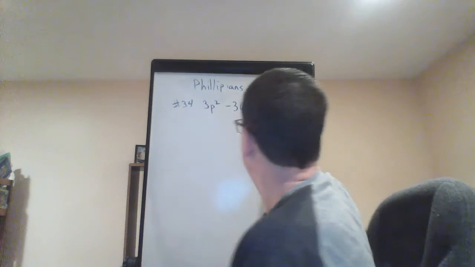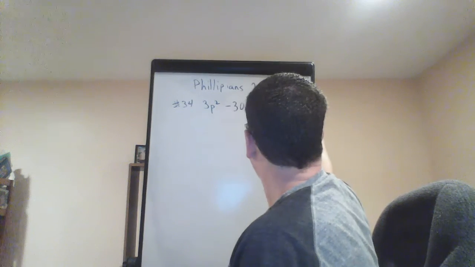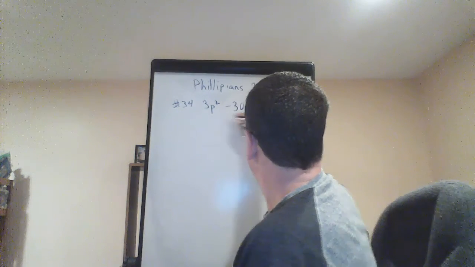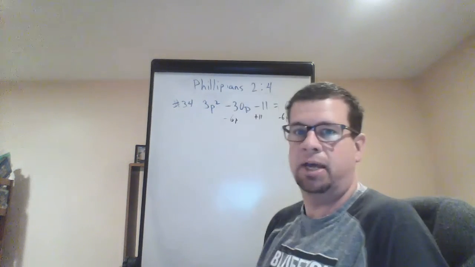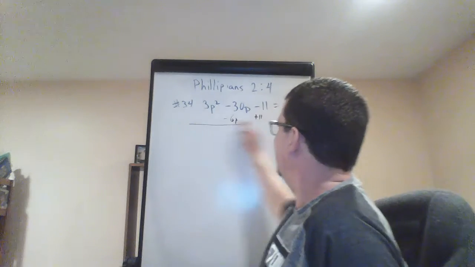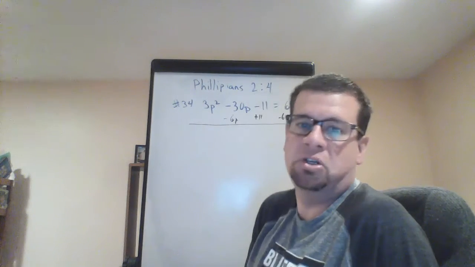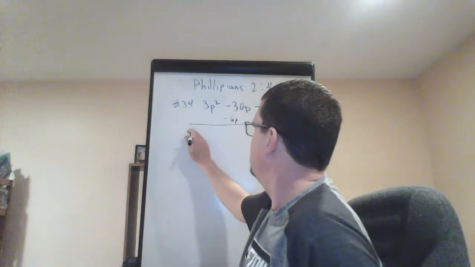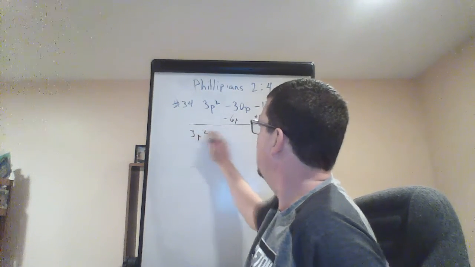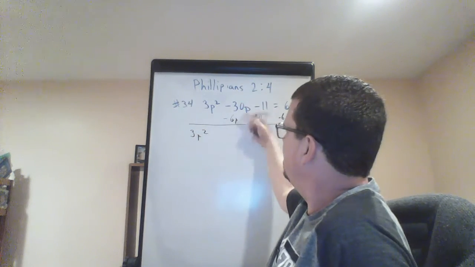All right, so let me do that. I'm going to add 11 on both sides, and I'm also going to take away 6p on both sides. That gives me, not a new equation, it's the same equation, just looks a little different. So that's going to be 3p squared minus 30p and minus 6p.